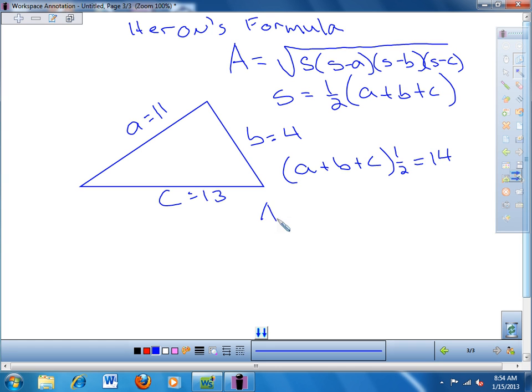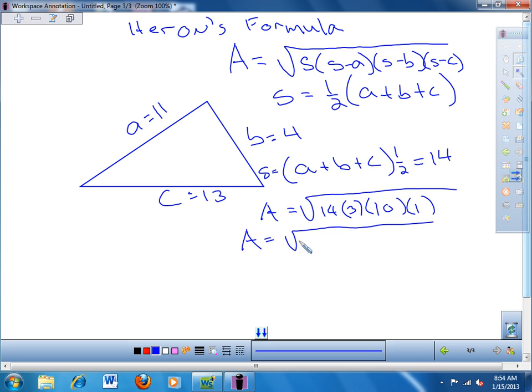So the area is just going to be the square root of s, which is 14, s minus a is 3, s minus b is 10, and s minus c is 1, right? So you get the area equals the square root of 14 times 30, which I believe is the square root of 420, is that right?